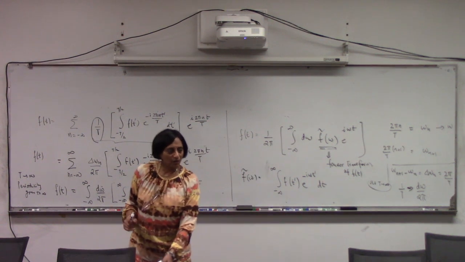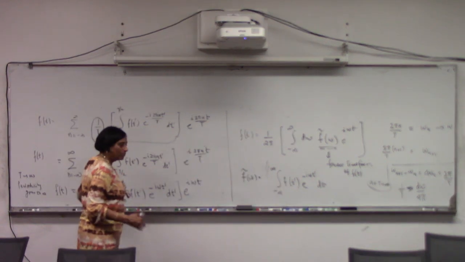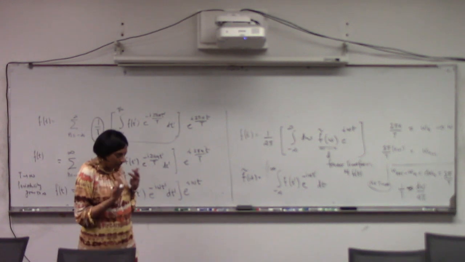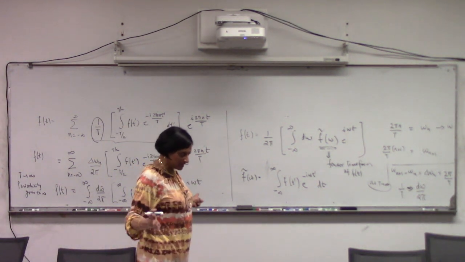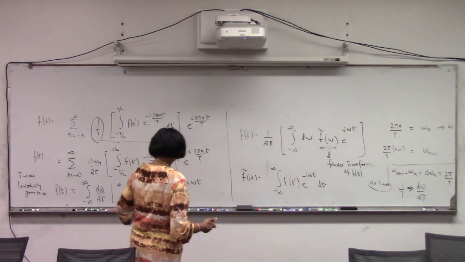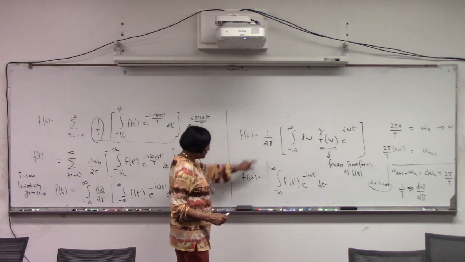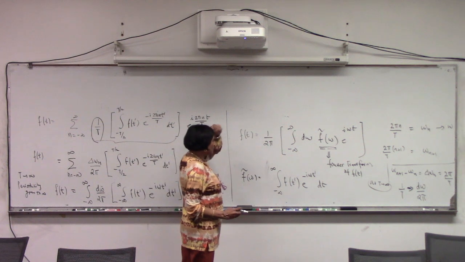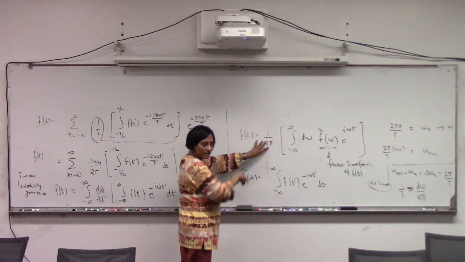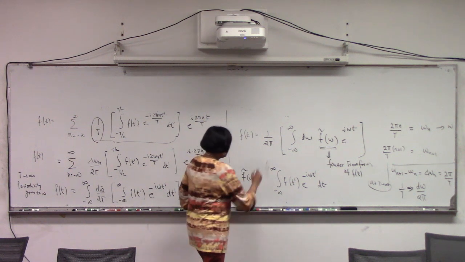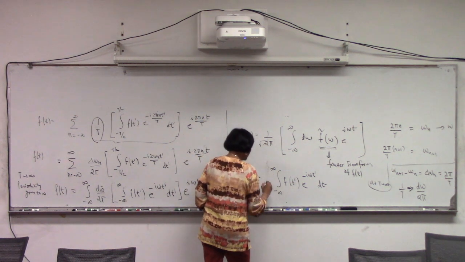Observe that this factor 1 over 2 pi is arbitrary in some sense. You have to be consistent. Once you start a definition, you have to be consistent for a given problem, because in many books you don't have to remember that you must have the 1 over 2 pi factor in the inverse Fourier transform and nothing in the forward one. Most books distribute this equally.